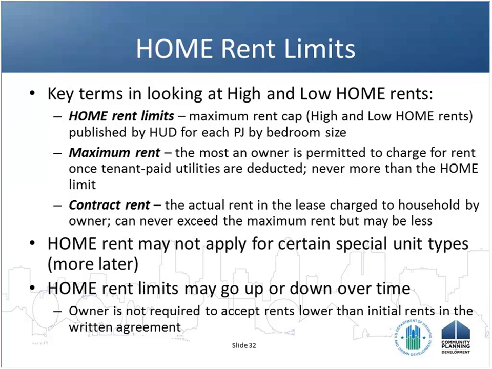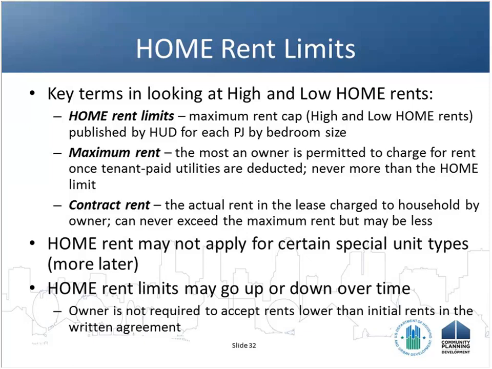So for instance, if I have $800 and $700 rents when I initially fund that project, and average income goes down in my service area, and so my rents, which are based on incomes, go down over time, so maybe my HOME maximum rents go down to $750 and $650, we cannot require the owner to lower their rents below what those initial rents were when we funded that project.